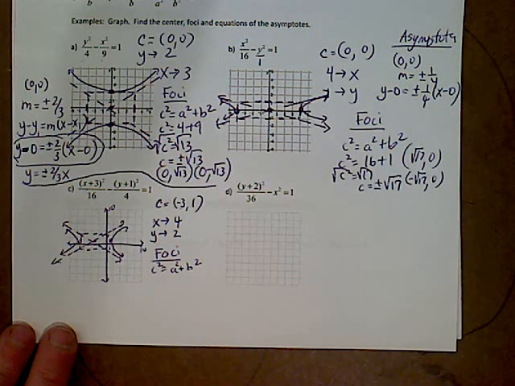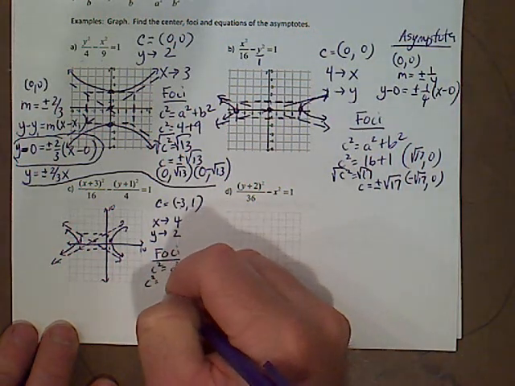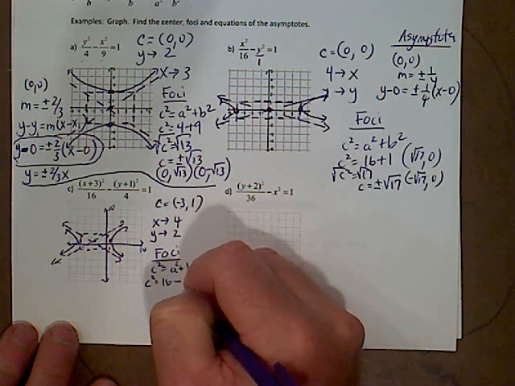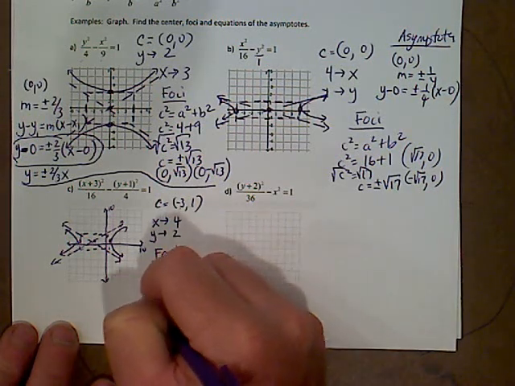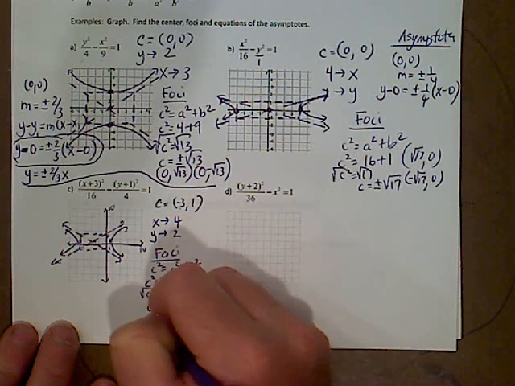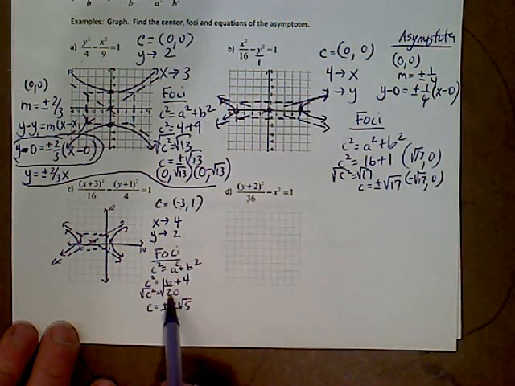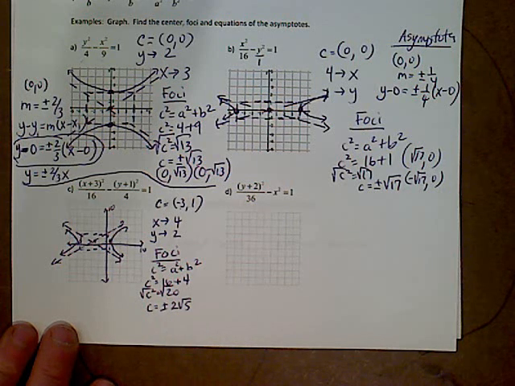That's the big tip off to it being a hyperbola. So now c squared is going to equal a squared, which is 16, plus 4. So c squared equals 20. You're going to square root. C is going to equal plus or minus 2 square roots of 5. You can break down square root of 20 into square root of 4 times square root of 5. That makes plus or minus 2 square roots of 5.